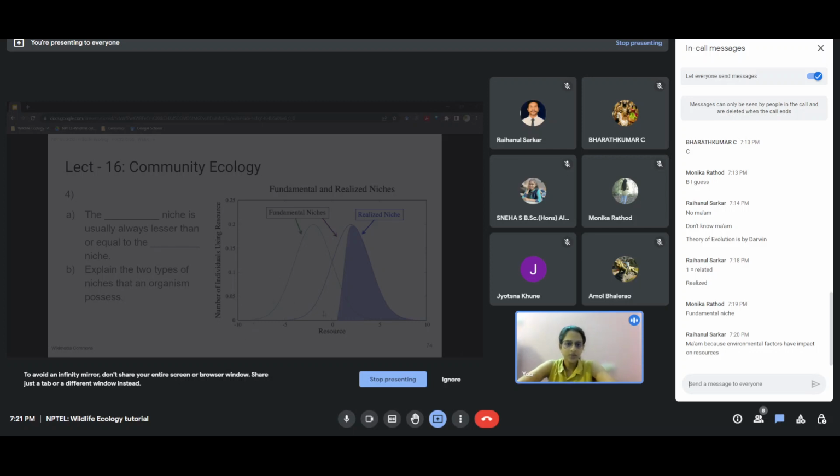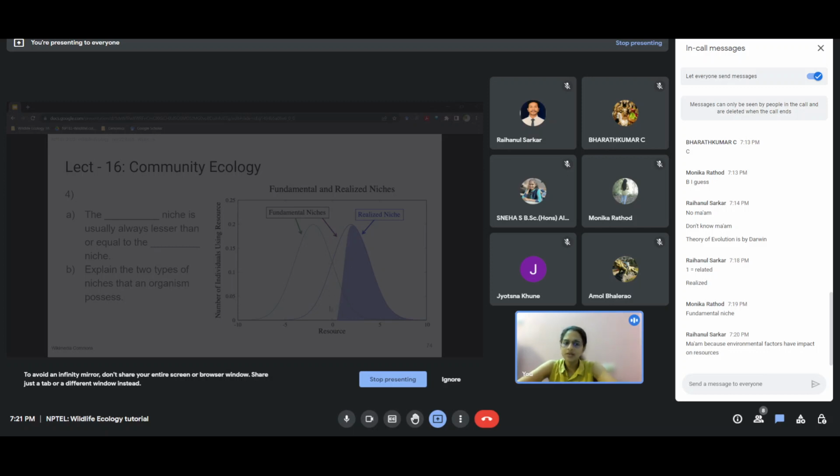Let's say species green and species purple, and you have the fundamental niche shown by the solid line with the white background. So this entire curve under the green line is the fundamental niche occupied by the green species, and the entire white area, forget about the shaded one right now, is the fundamental niche occupied by species purple, right?